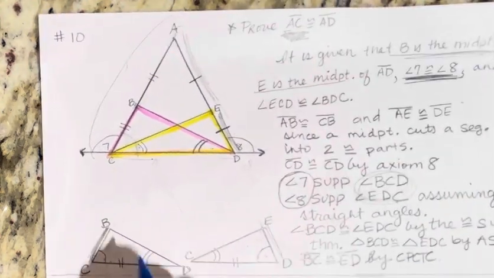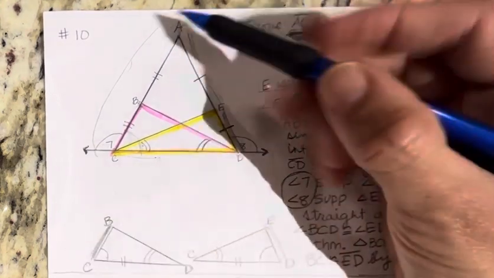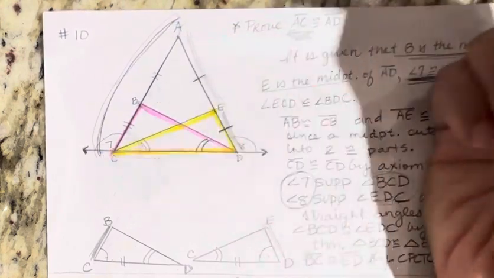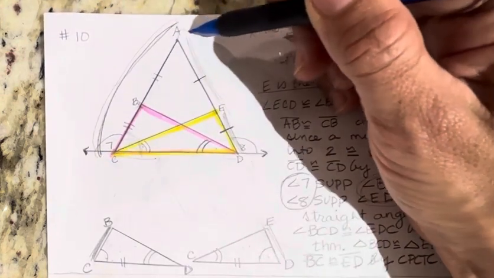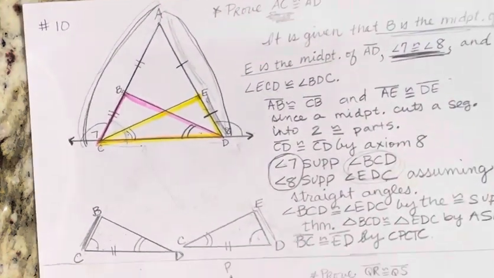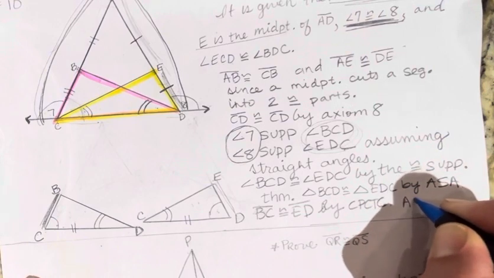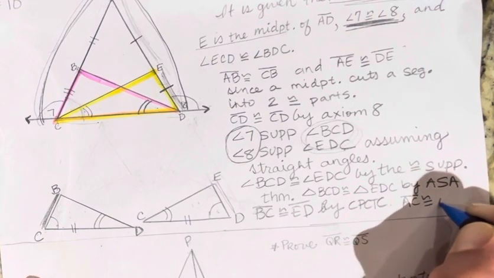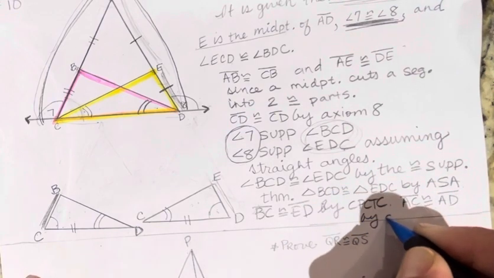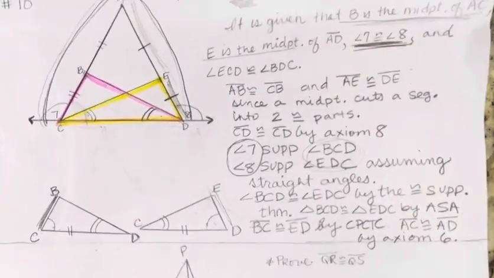And since I already proved that BC and ED are congruent, I can now say that the whole thing, AC, is congruent to AD using axiom 6. So that's what I'll say in my last statement. Okay, and that concludes the proof.